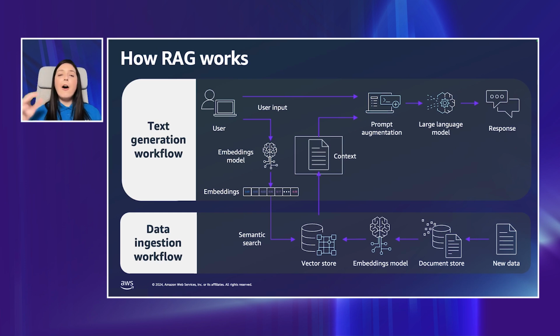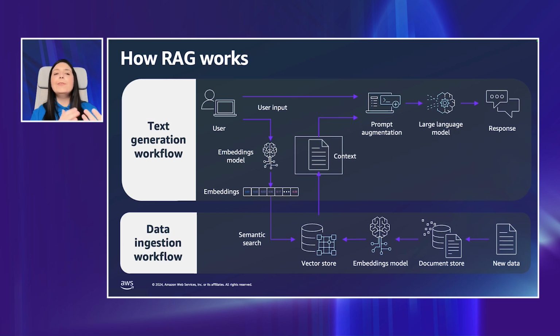We need to have all of our data and our documents, and we need to create a document store, a vector store of those documents, by creating embeddings of chunks of those documents. We are going to discuss chunks really soon, but you don't want to embed your full document into your vector store, but you want to embed parts of it so that when you're searching, you're not going to return a whole book, but only the pieces of the book that you need, so only the important information.